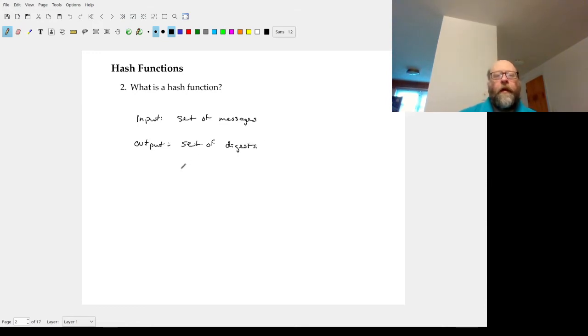That's fundamentally what happens, so that we can verify that the message has not been altered, because if the message had been altered, then it would no longer match up with this digest. So that's the fundamental requirement.